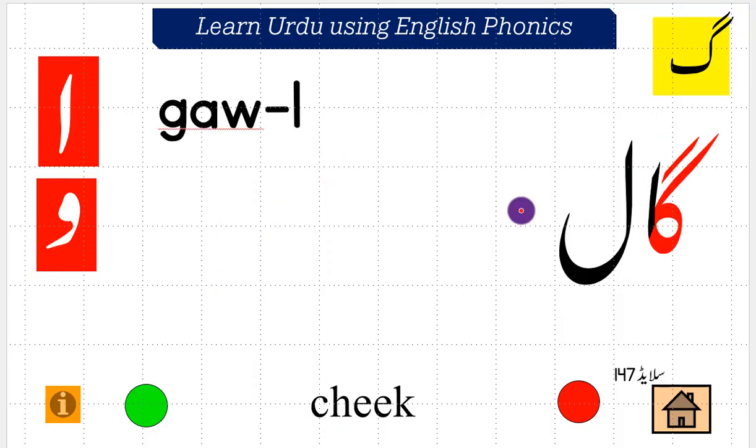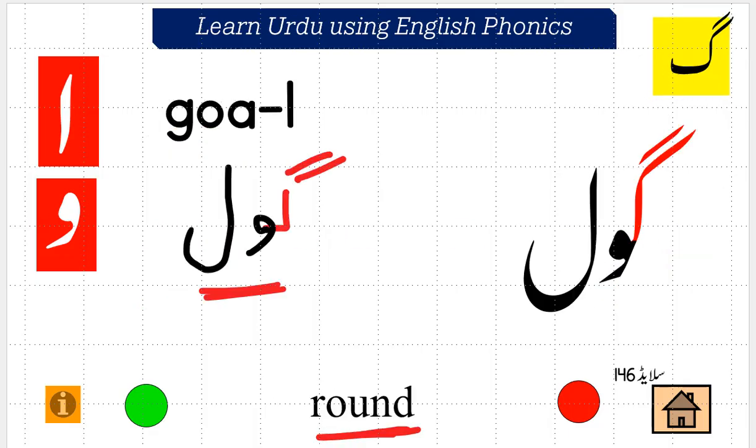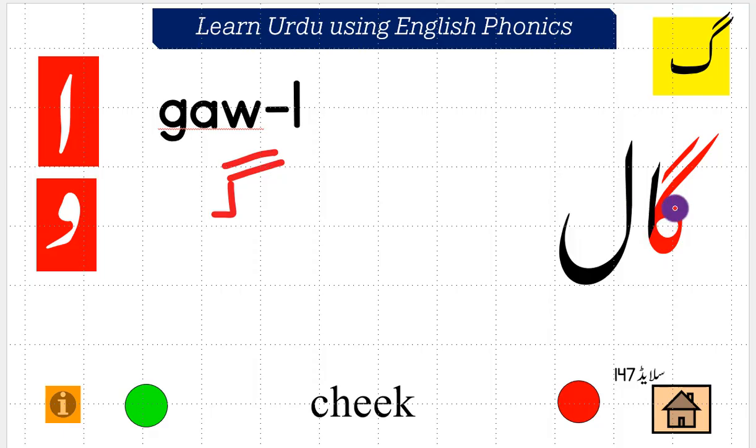Let's move on. So I have got a new word over here. I told you that in the previous lesson the other family member has got two joining forms. Similarly, the ga with the two sticks also has got two joining forms. That is its full form. That is the first joining form we learned over here, and this is the second joining form.